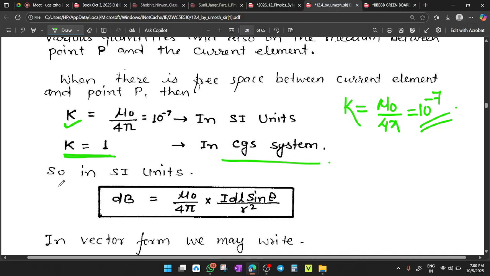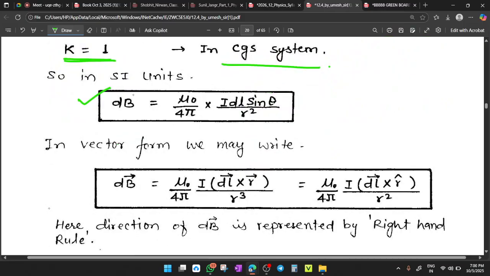So for SI unit, dB equals mu naught upon 4 pi I dl sin theta upon r square. We just placed the value of k as mu naught upon 4 pi. And for CGS system, you place the value of k equal to 1, so it becomes I dl sin theta upon r square.